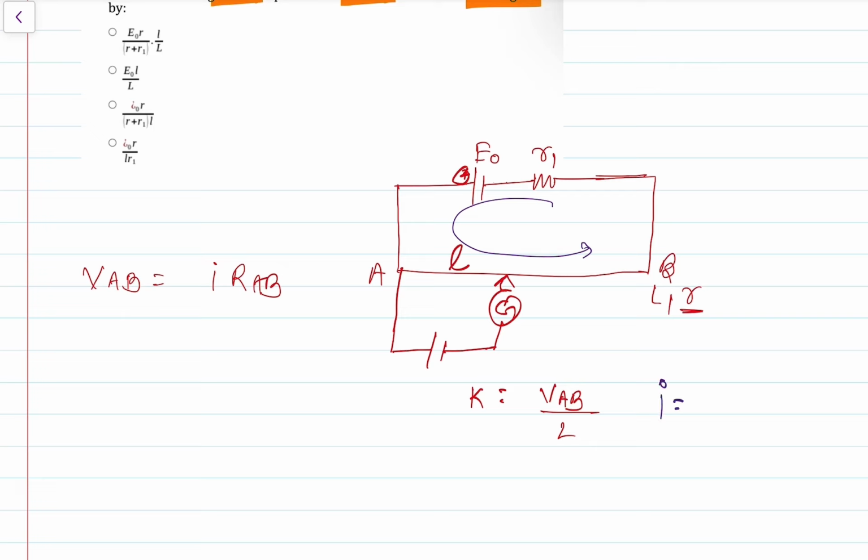So potentiometer current is E0 by R1 plus r. Okay, so here we will get VAB is equal to E0 times r by R1 plus r, and the resistance of the wire is r. So this is potential difference between point A and B.